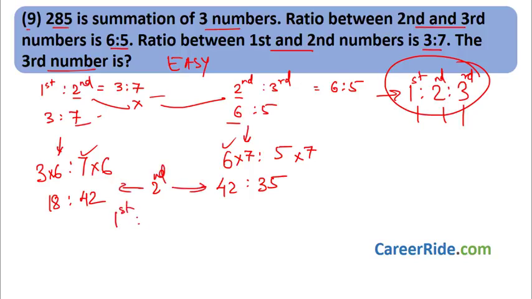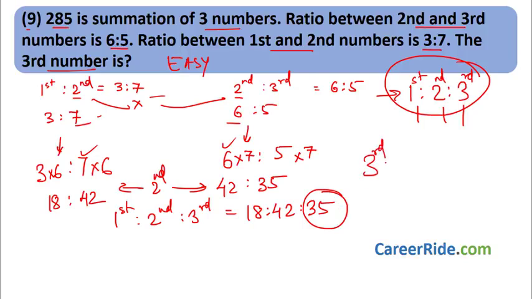So the first number is to the second number is to the third number is nothing but 18 is to 42 is to 35, right? We have to find the third number. The third number's ratio is this. So what is the third number? 35 upon 18 plus 42, that would be nothing but 60, plus 35 is 95, which is the addition of all these three.